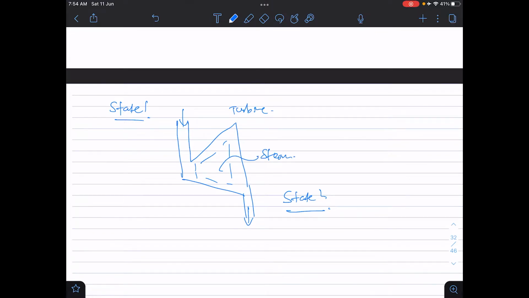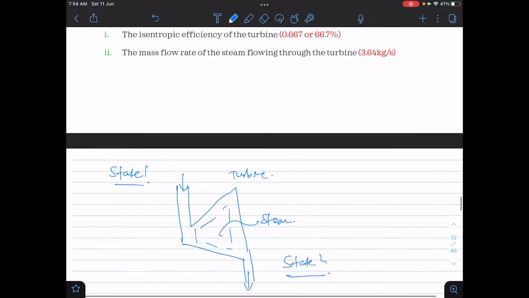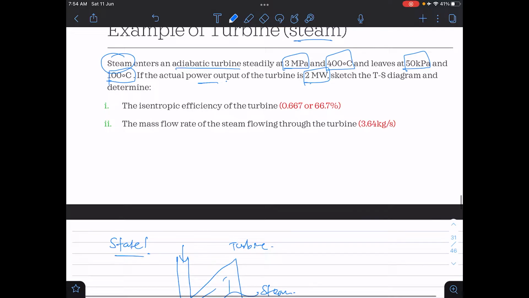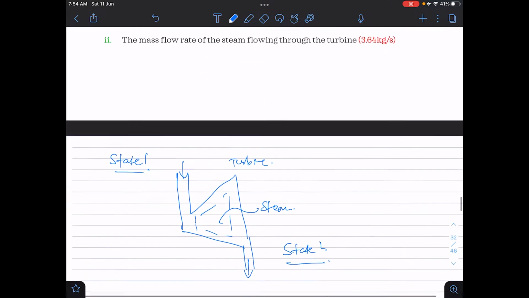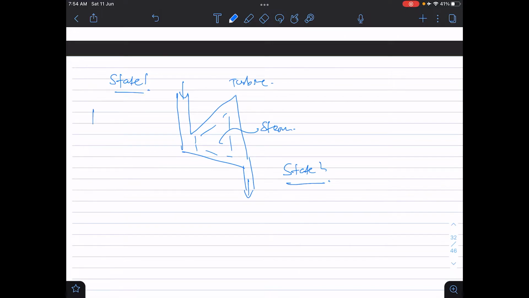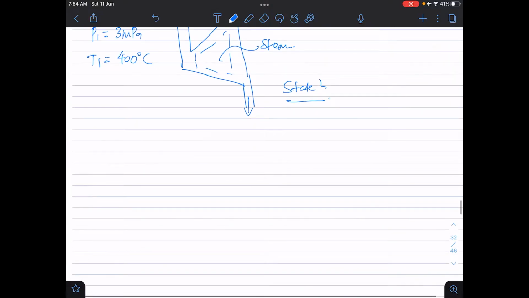Now you put the properties mentioned in the question. The first one is pressure, the second one is temperature: P1, and P2 of 50 kPa.